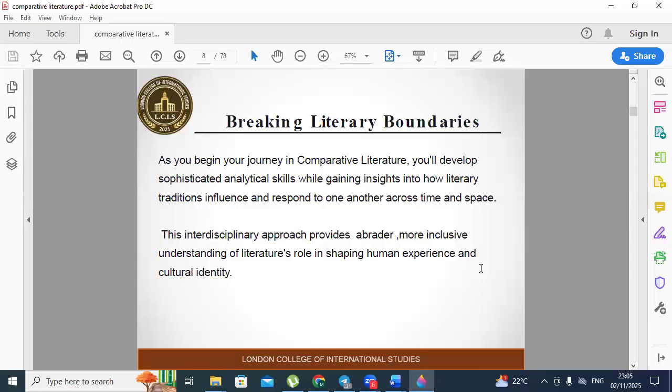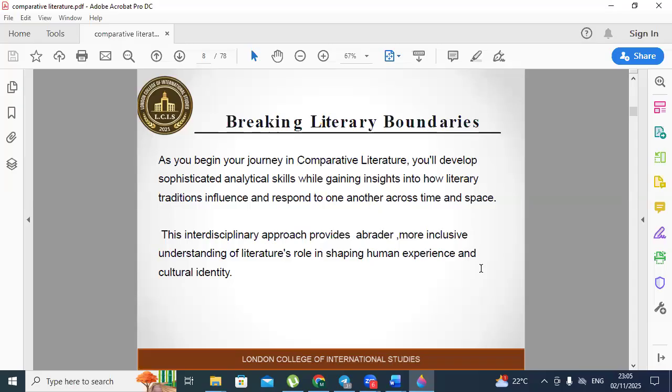This slide focuses on the personal and intellectual development that comes from studying this field. It promises two key outcomes for you, the student. First, you will develop sophisticated analytical skills. You will learn to read texts in deeper, more complex ways.